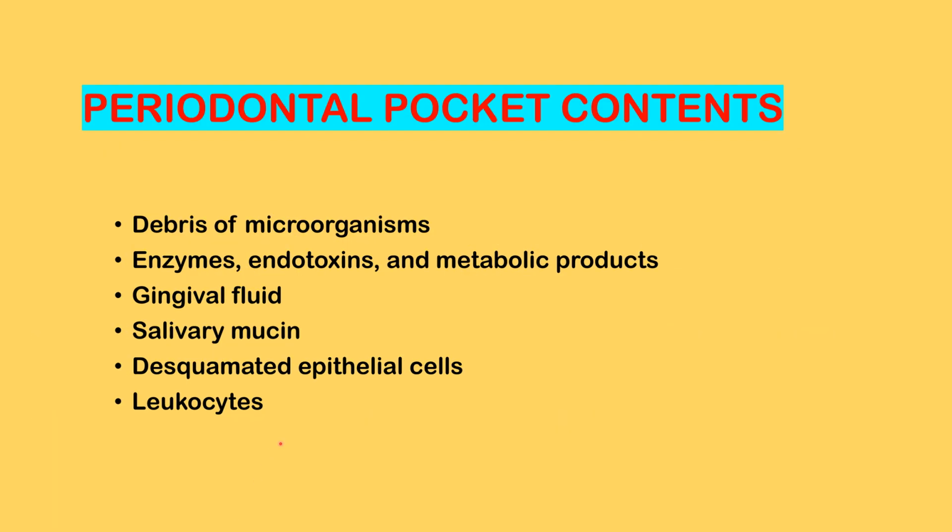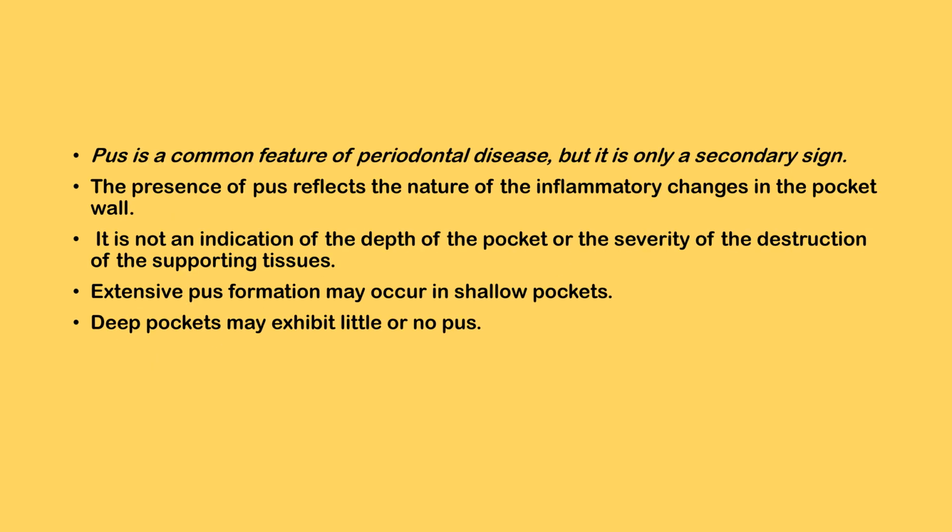So the contents of a periodontal pocket are the debris of microorganisms, mainly rods, filaments and cocci, enzymes, endotoxins, metabolic products, gingival fluid, salivary mucin, desquamated epithelial cells and leukocytes. Pus is a common feature of periodontal disease, but it is only a secondary sign.